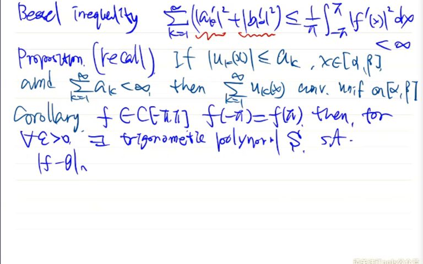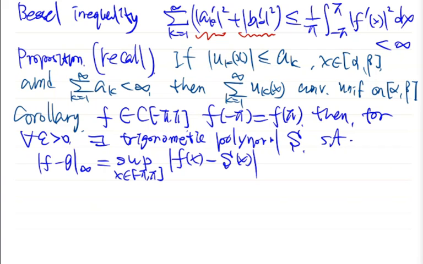f minus g, we introduce the infinity norm. The definition is the sup over x in [-pi, pi] of f(x) minus s(x) is less than epsilon. That is, for a continuous function defined over minus pi to pi, you can assume that this continuous function has the same value at the endpoints of the interval.